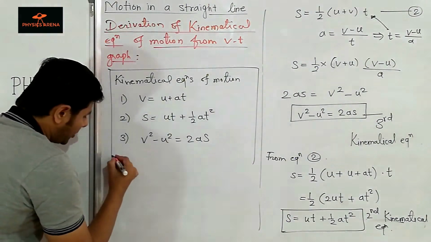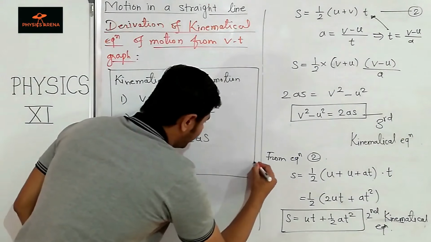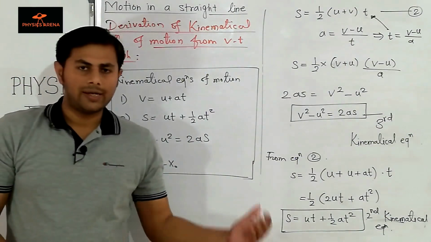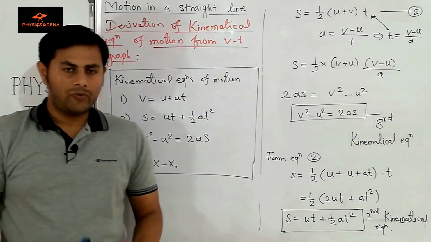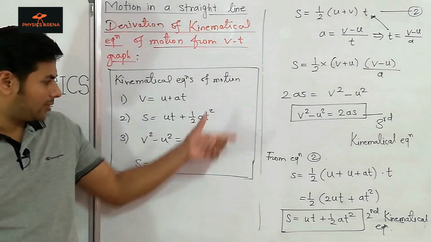And let's not forget that s is equal to x minus x naught, so whenever needed we can substitute it. So these are the kinematical equations of motion. They are very important, so we have taken note of them.